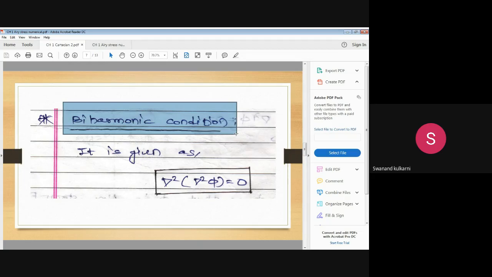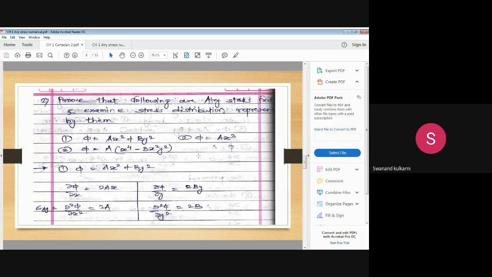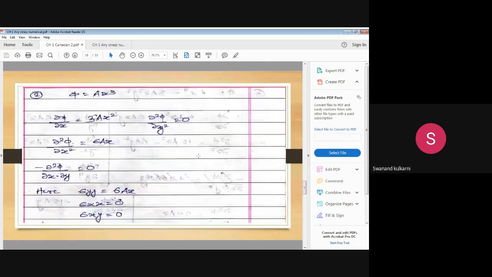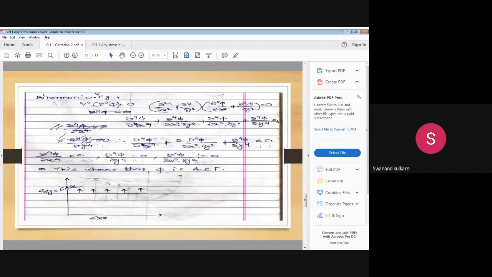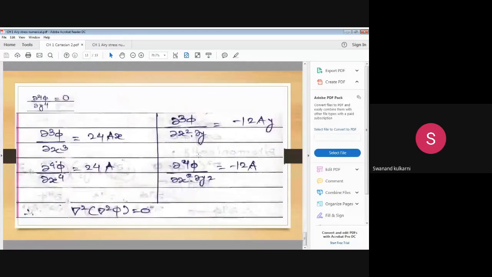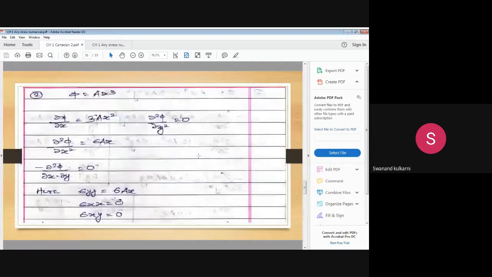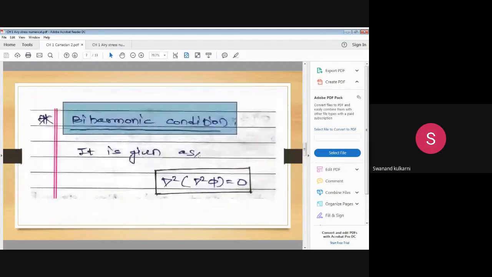So del squared phi is equal to 0 is the condition, and if we take del squared of that, then this becomes del raised to 4 phi. So del raised to 4 phi is equal to 0 is the biharmonic condition. Is it okay?